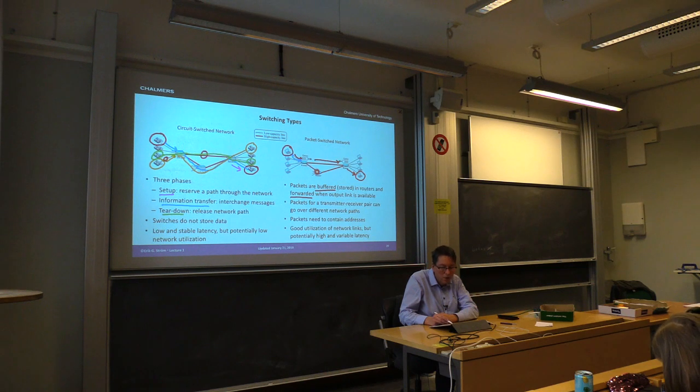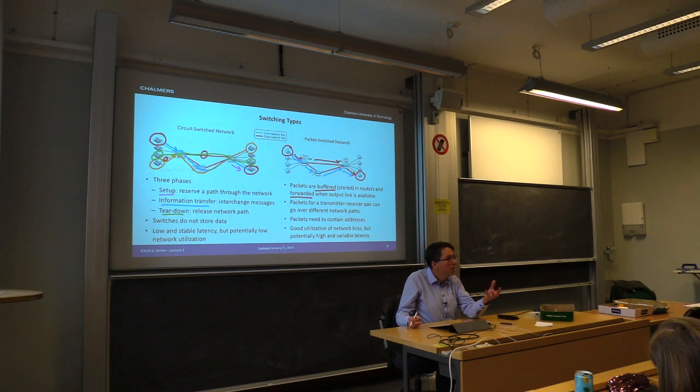So then the packet is routed towards this router, which then sends it here and then sends it here, right? So every packet potentially gets its own path through the network. The path is not predefined. It's dynamically allocated depending on how busy the network is and what path seems to be available.